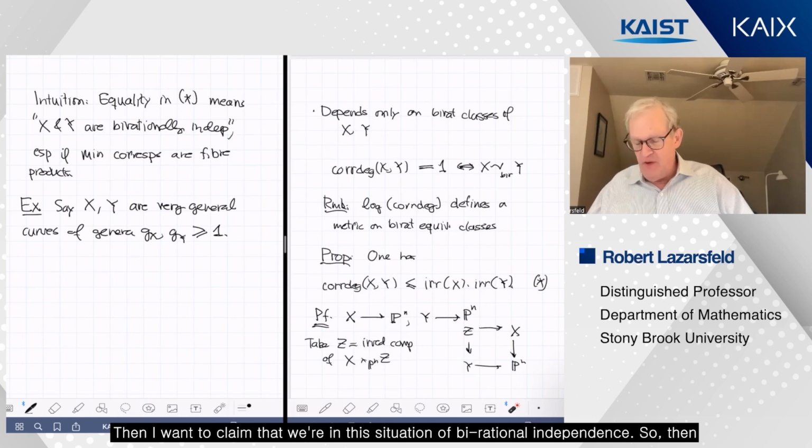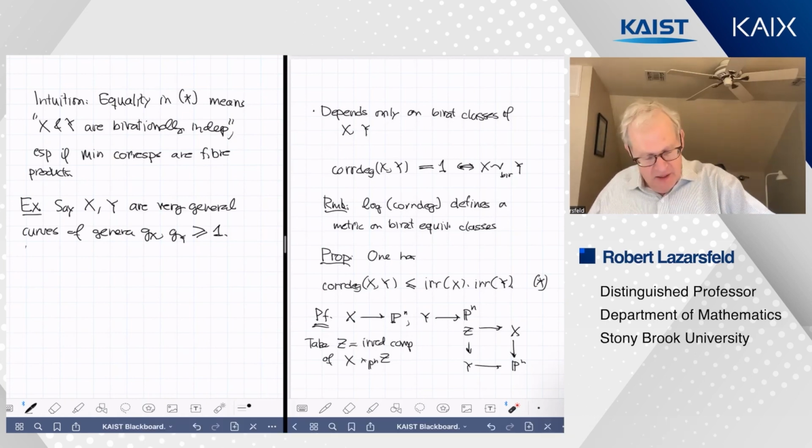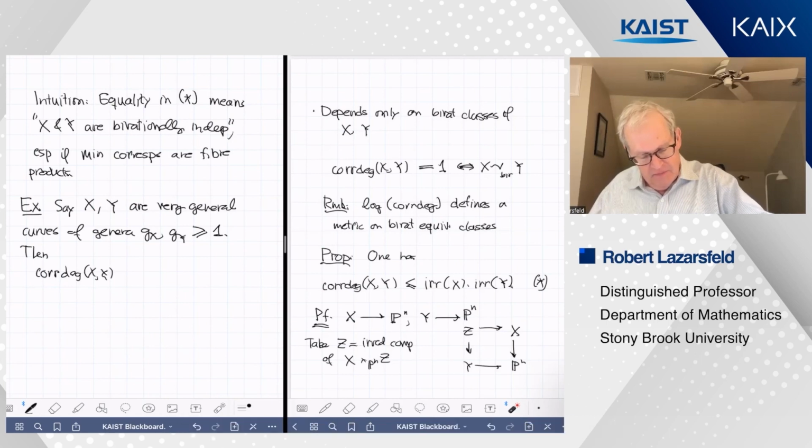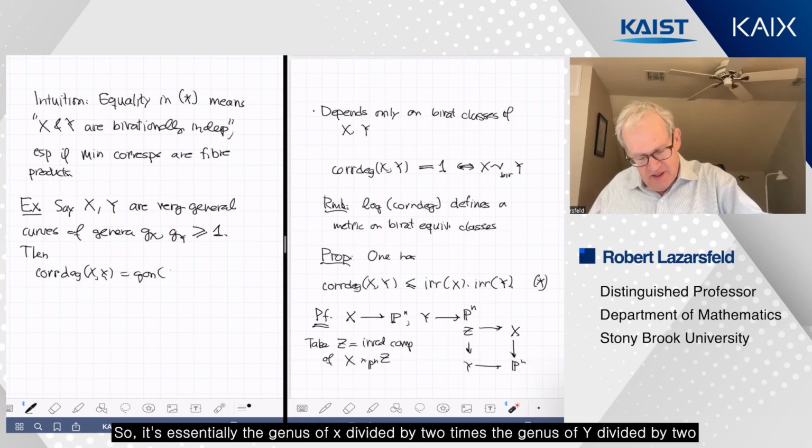Then we're in this situation of birational independence. In fact, the correspondence degree is the product of the gonalities, essentially the genus of X divided by 2 times the genus of Y divided by 2.